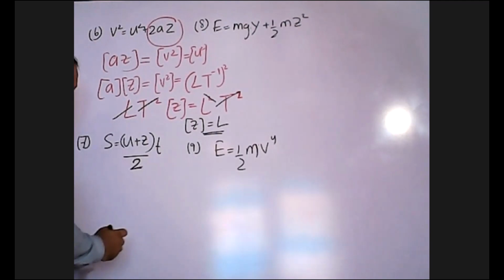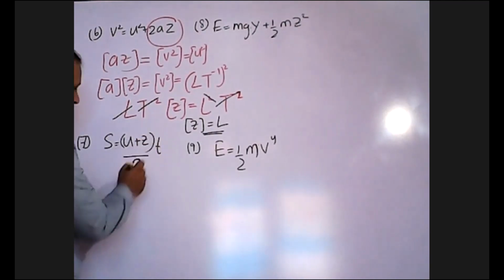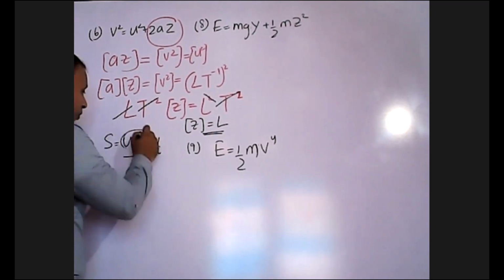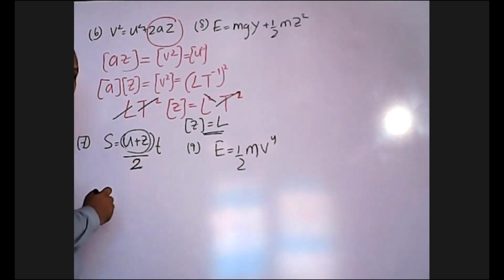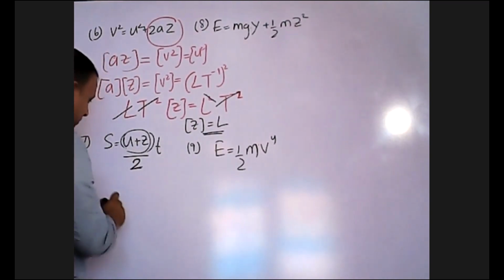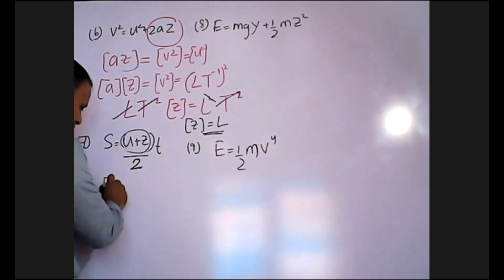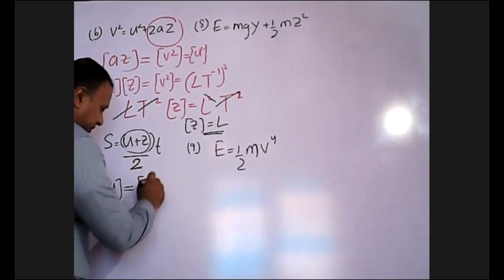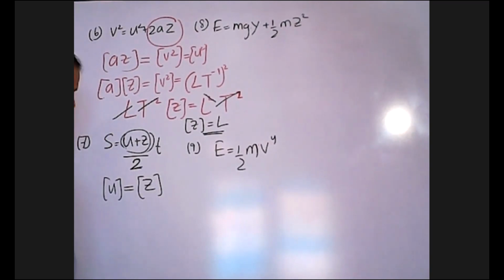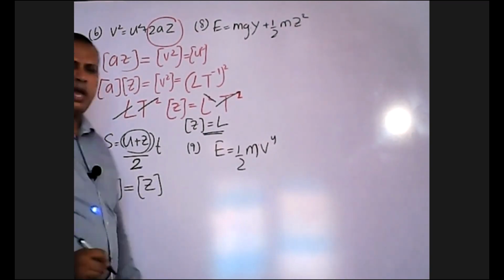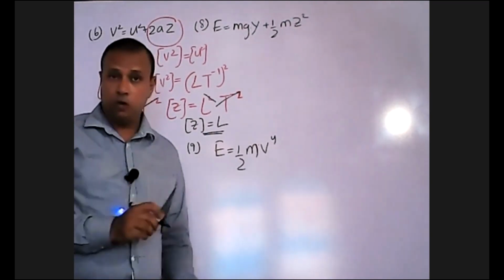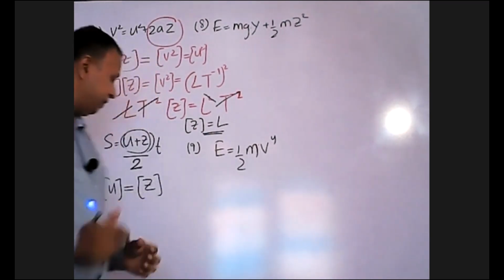Then the seventh one. Here we have S equals U plus Z over T. Then definitely we can say both of those physical quantities have the same dimension because these are connected with a plus sign. So dimension of U is equal to dimension of Z. In this case, you have to write the argument within the brackets.